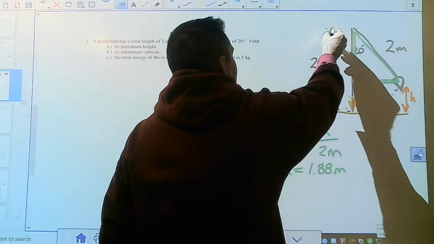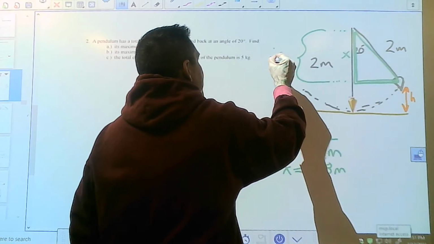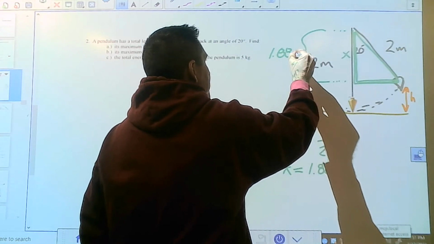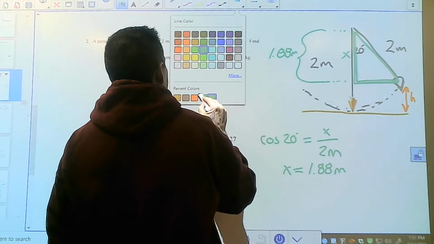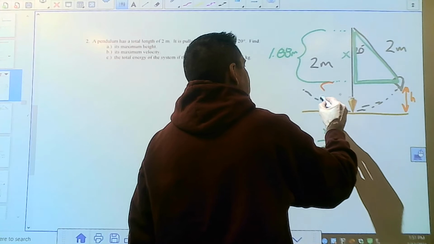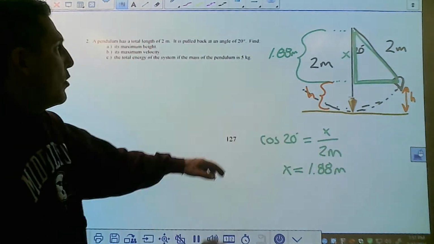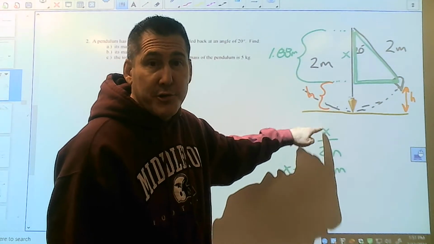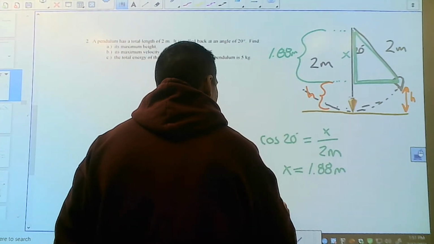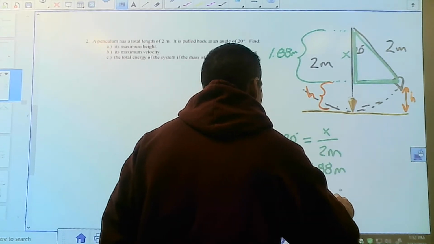So this value right there is 1.88 meters, and I'm looking for this value right there, which is my height. Well, 1.88 meters plus h must equal 2 meters. Therefore, h is 0.12 meters.